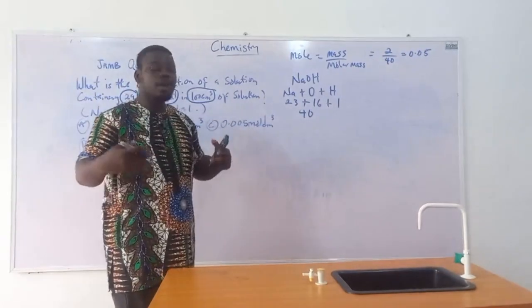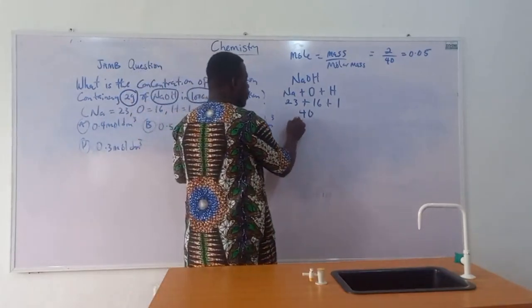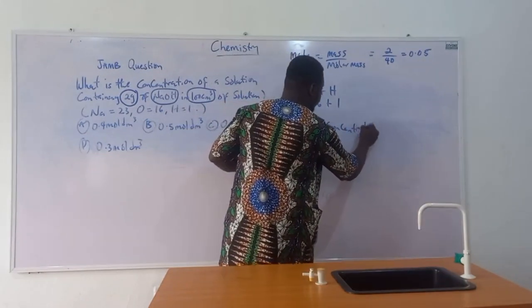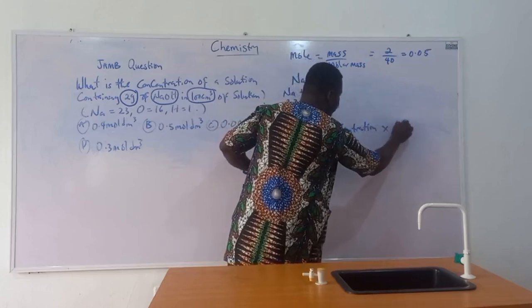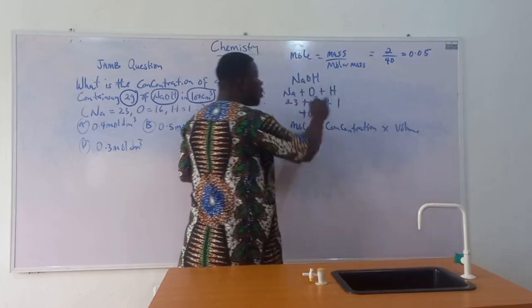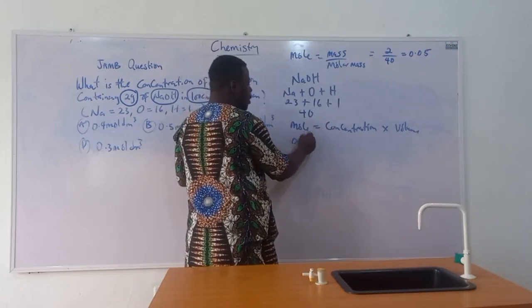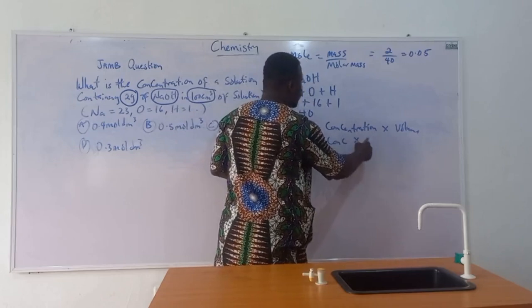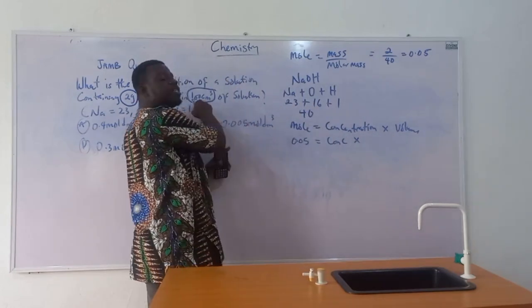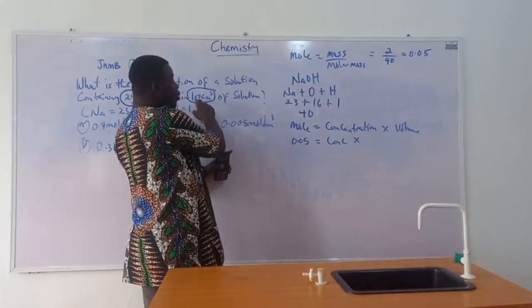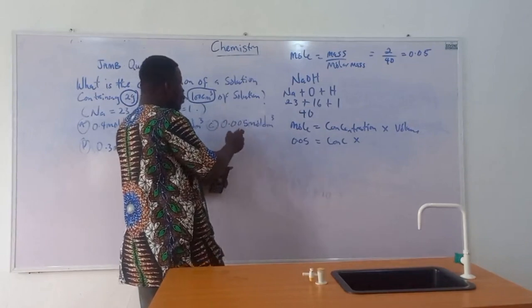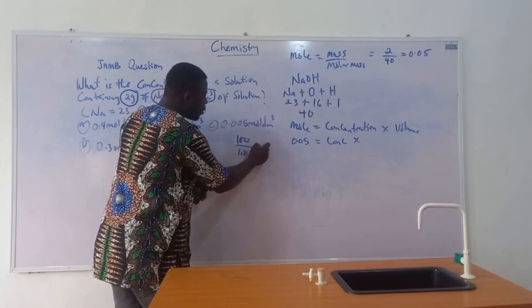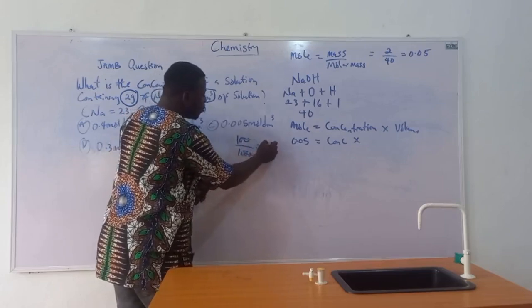What is the formula that relates concentration and volume? It is mole equals concentration times volume, right? So we just calculated our mole to be 0.05. Concentration, let's say conc, we don't know, times the volume. Remember, this is in cm cube. We have to convert to dm cube. In so doing, we divide by 1000. So if we divide this by 1000, this is 0.1.